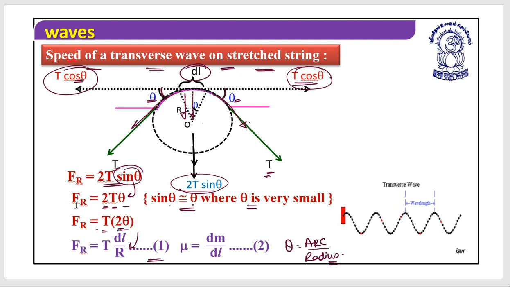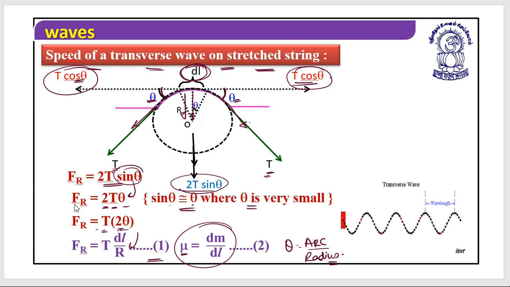As well as, let's define one more term, that is what we call mu, which is mass per unit length. So for a smaller segment of length dl, the mass per unit length is denoted as mu, and that mu would be equal to dm by dl.